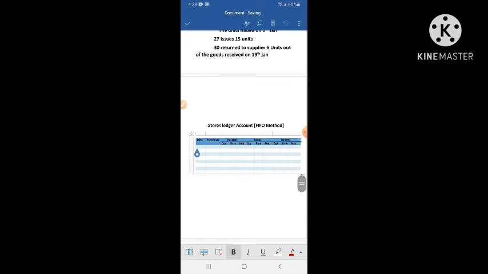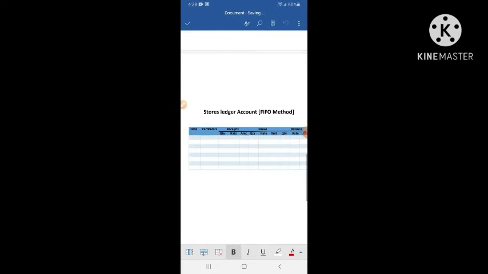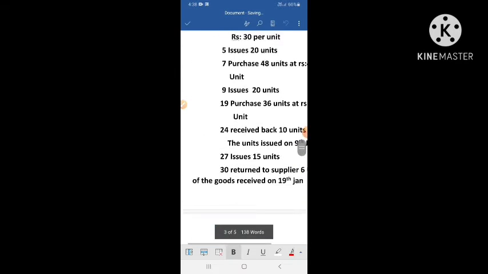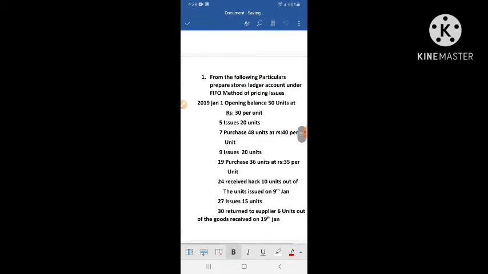Here this is the format for all the four methods. The format will never change for the four methods. These 5 columns should be equal in all the four methods. So now we are going to solve this question. First we should read the question very carefully.